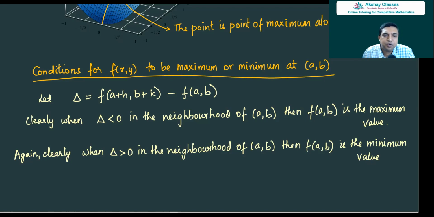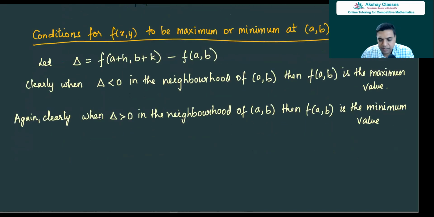So in the neighborhood, all values are greater than f of a comma b, and f of a comma b will be the least of all the values. So these are the two cases.